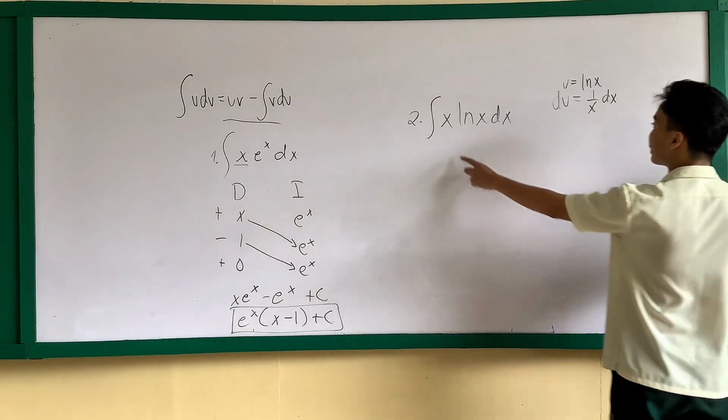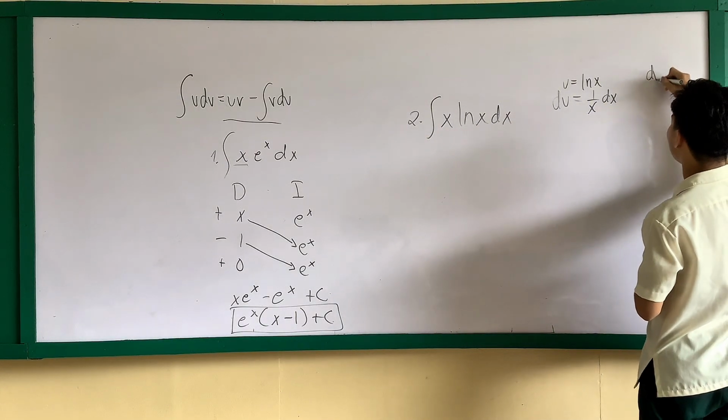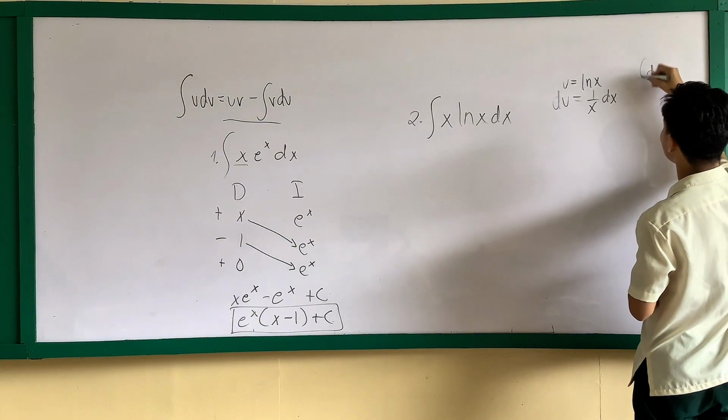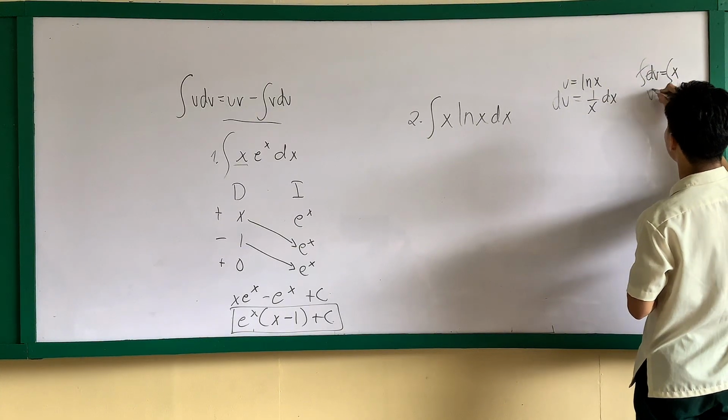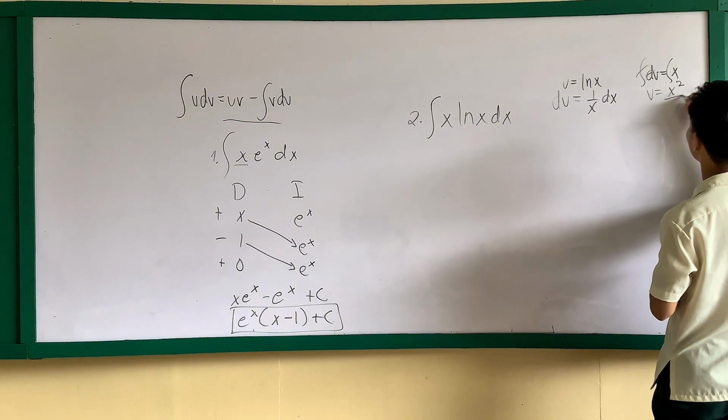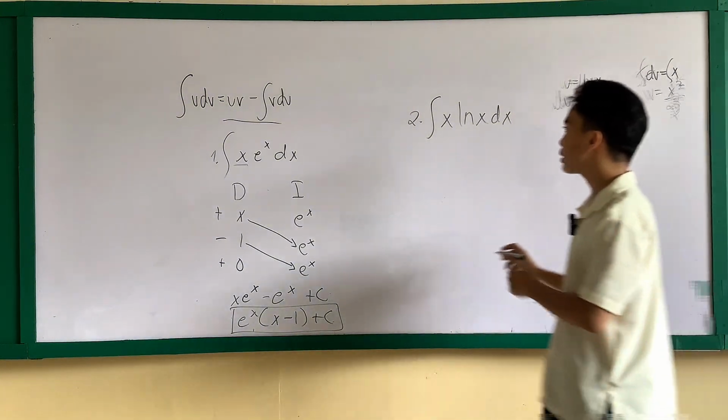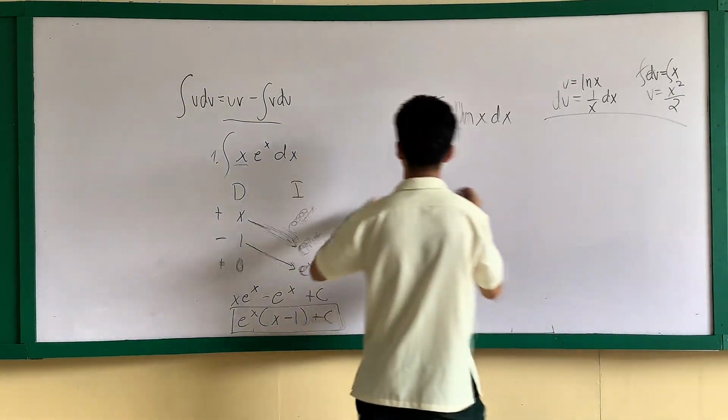Then we're going to let dv equal x dx. So integrate, v is equal to x squared over 2. So now we're going to substitute this into our formula.